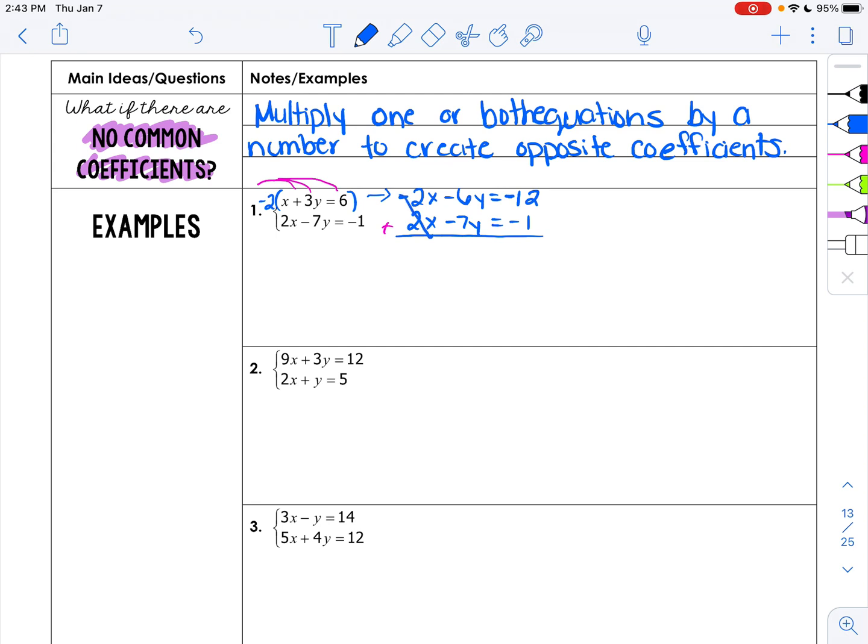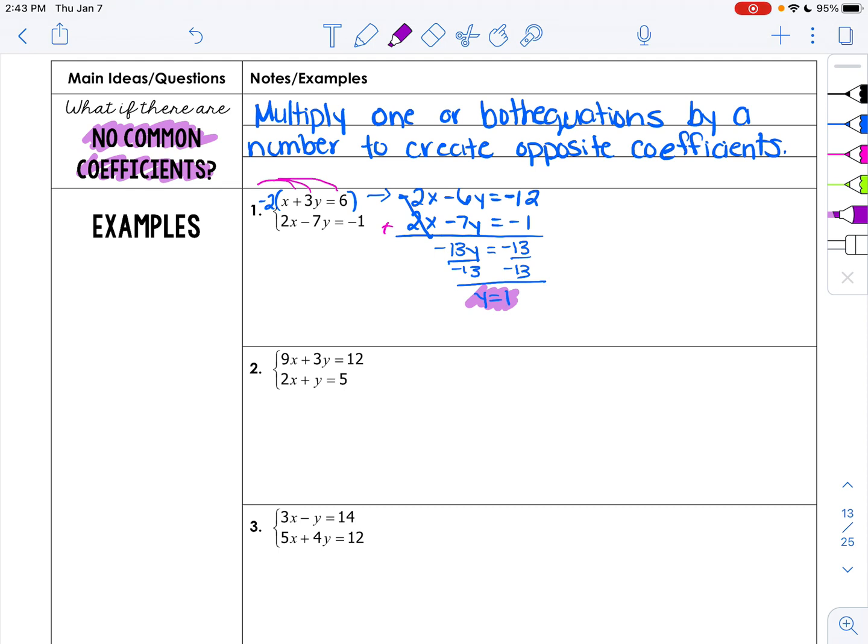It cancels out. -6y minus 7y is -13y equals -12 minus 1 is -13. Divide both sides by -13 and I find that y equals 1, which gives me half of my answer.